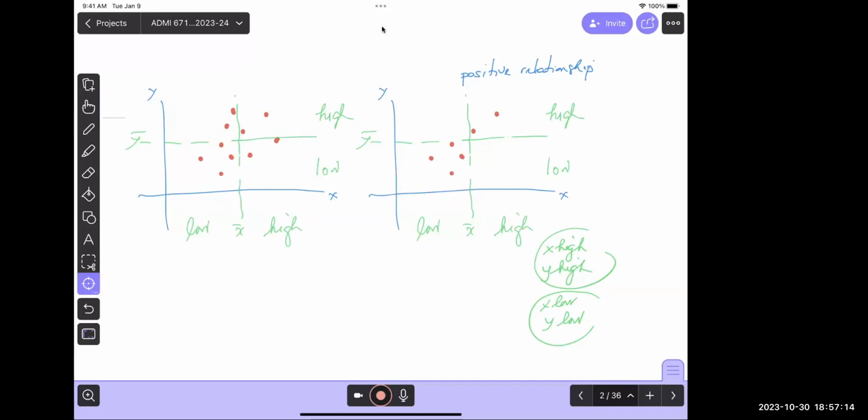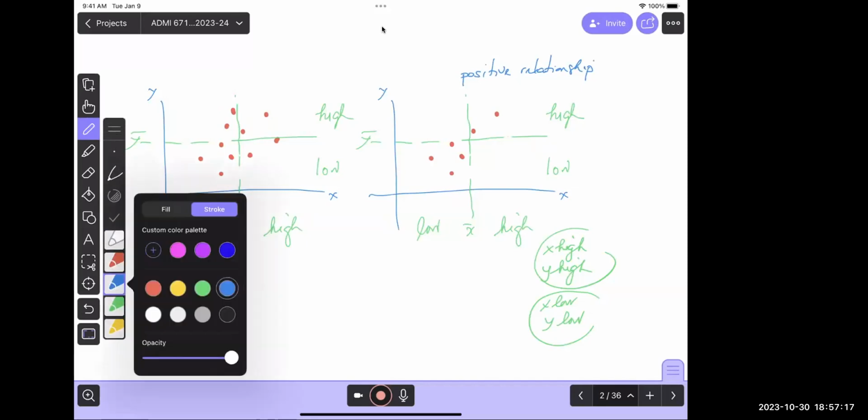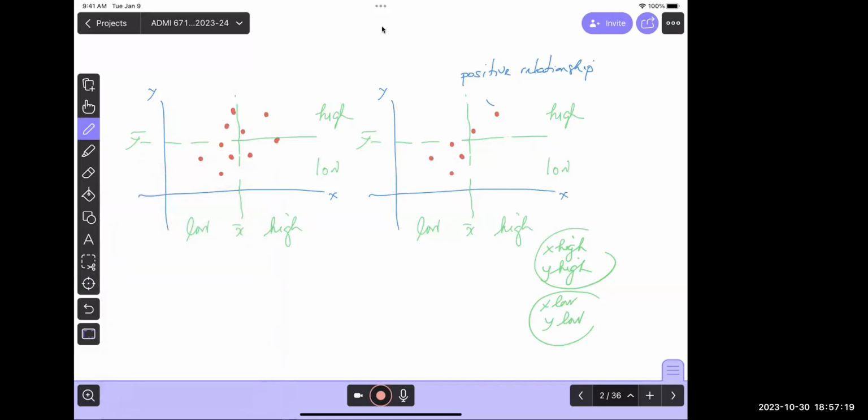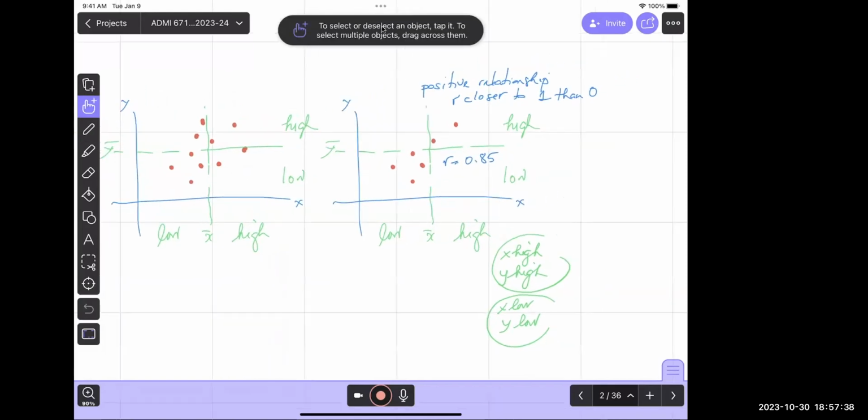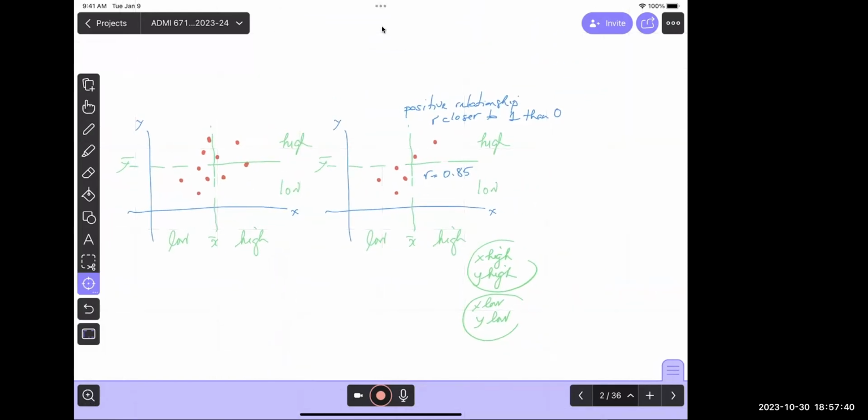So for this one we expect the r to be closer to 1 than 0. So maybe the r here is like 0.85 or something. And here the r is a little closer to 0. Maybe the r here is 0.5.